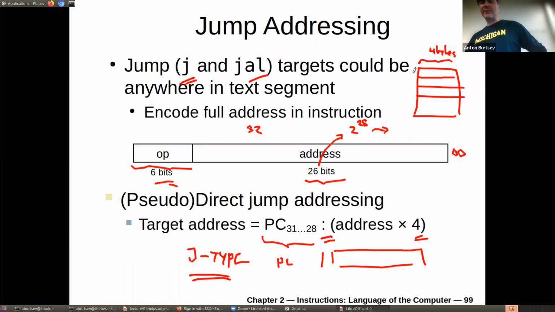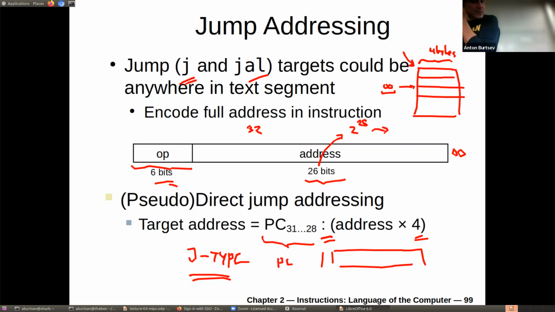If you make an agreement that you load the program at a 4-byte alignment, then no matter where you jump, the lowest 2 bits of the address will always be 0. That's how it works in this system. It's like in decimal, if it's alignment by 10, the lowest digit will always be 0. It's the same in binary.